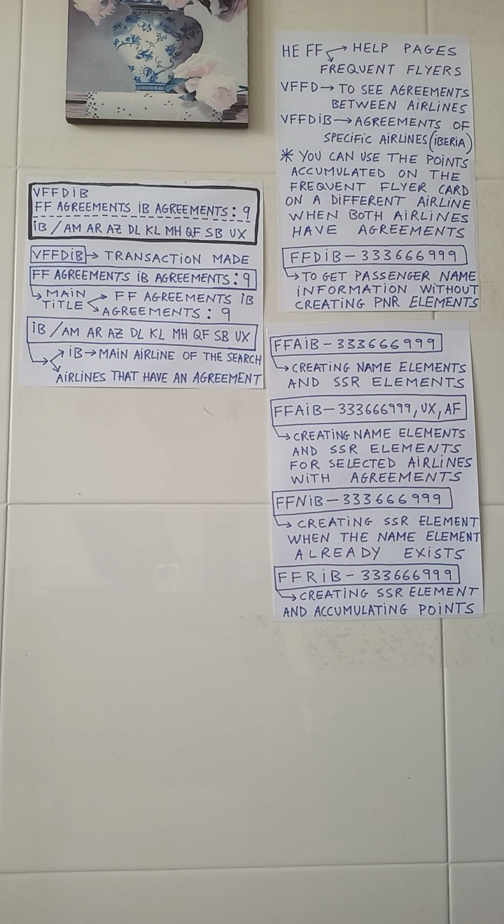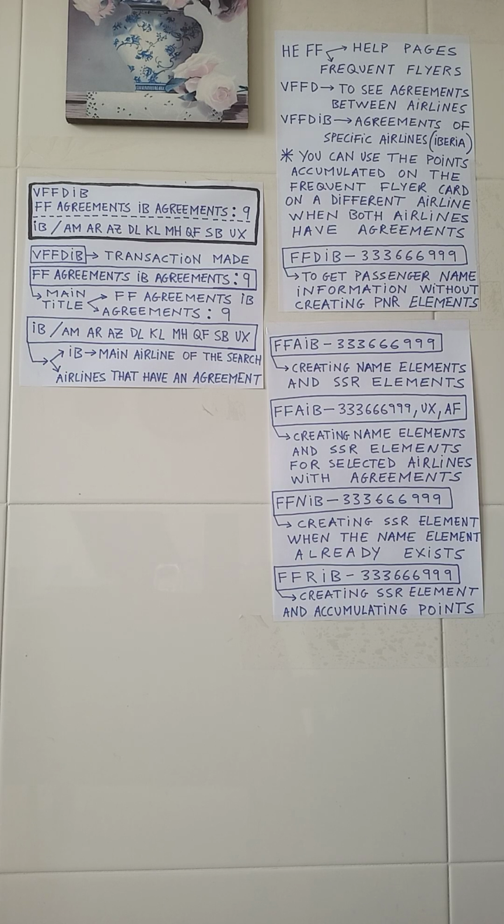The first of those 5 transactions is FFDIB-333-666-999. With that transaction, we can see passenger name information without creating new items in a reservation, which is also called a PNR.